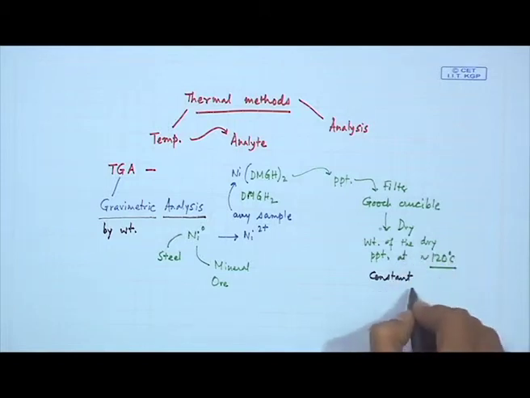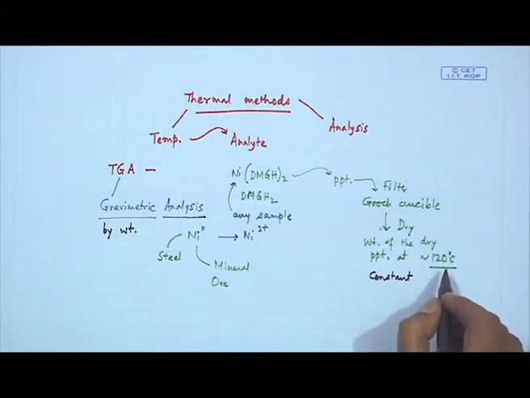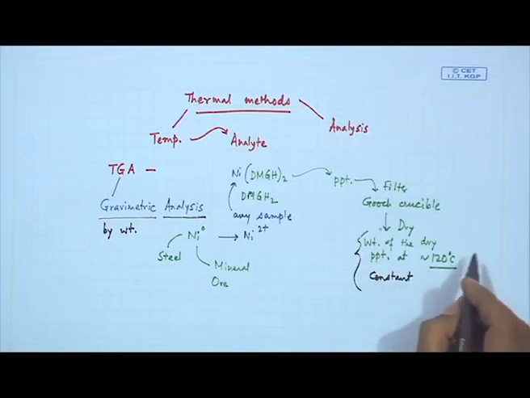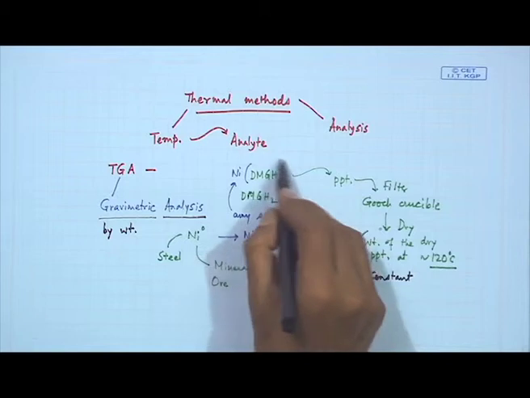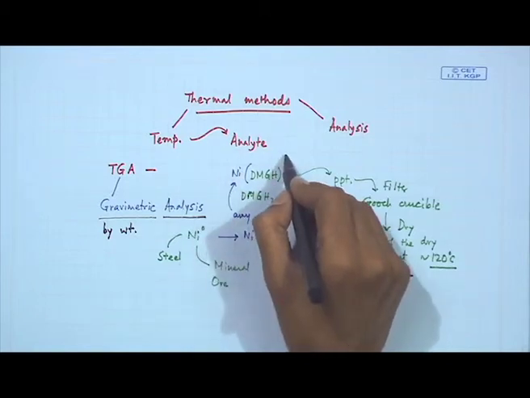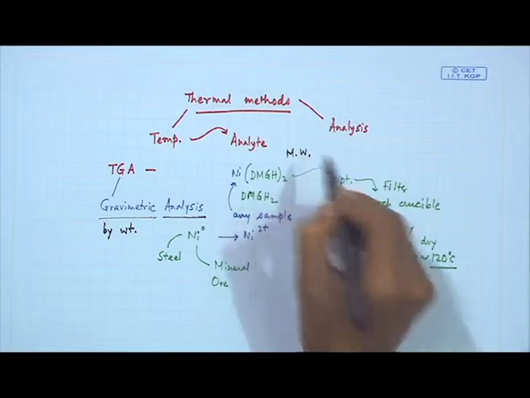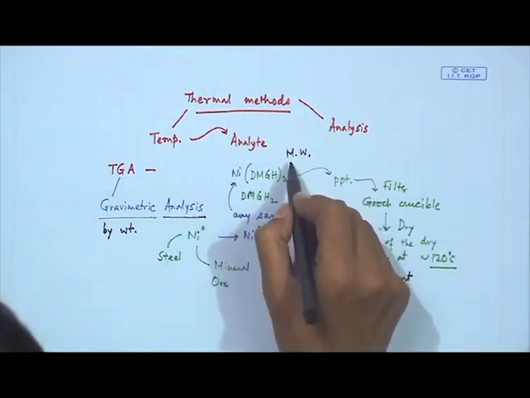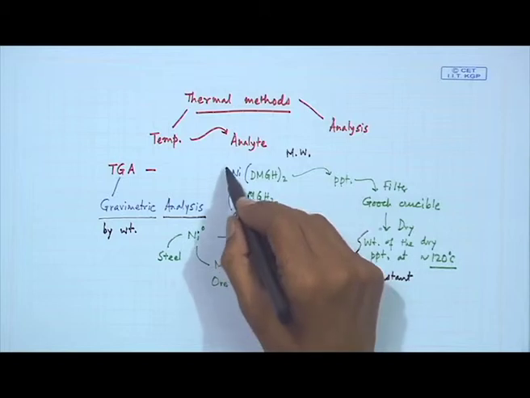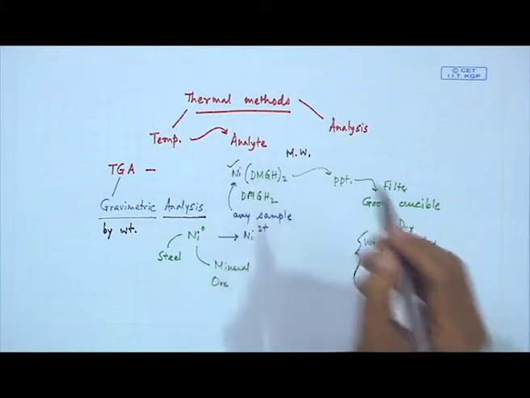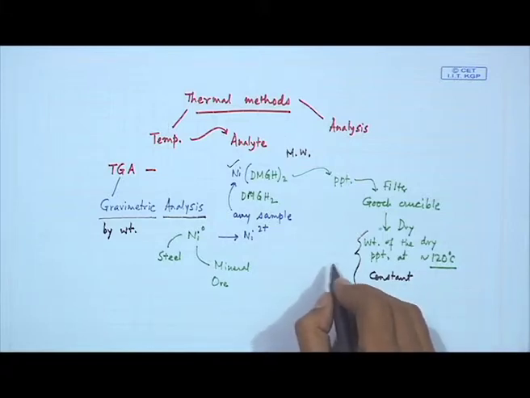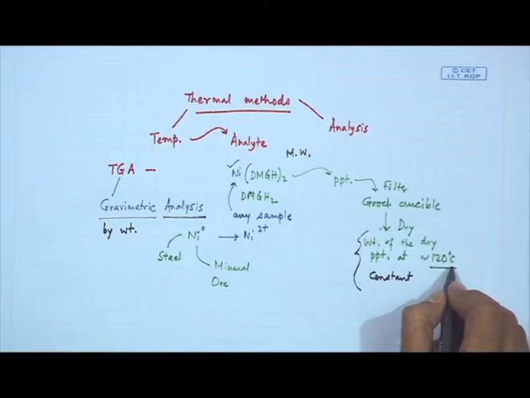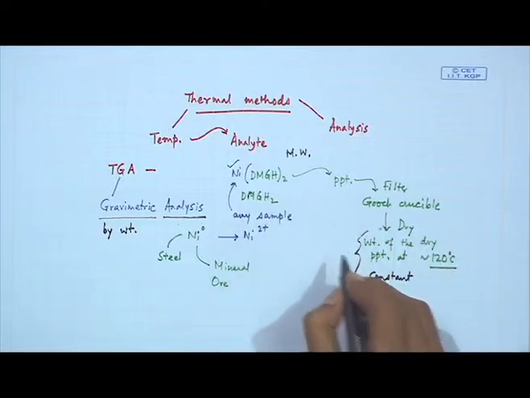That means it should not be hygroscopic and it should not decompose at this temperature. The formula weight is also important, that means we have to use the molecular weight, and the molecular weight will tell you that that much sample will have one atomic weight of nickel. So, this constant weight of the precipitate will give us some idea that at 120 degree centigrade the precipitate is stable and will not decompose.